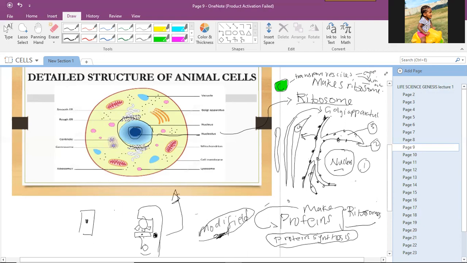So your nucleus sends the instruction, your ribosomes will make, the rough endoplasmic reticulum will modify, and your Golgi apparatus is going to package and transport everything that has been made to various sites within the cell or outside the cell to the rest of the body.